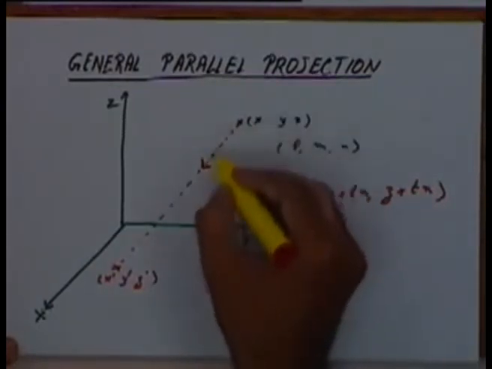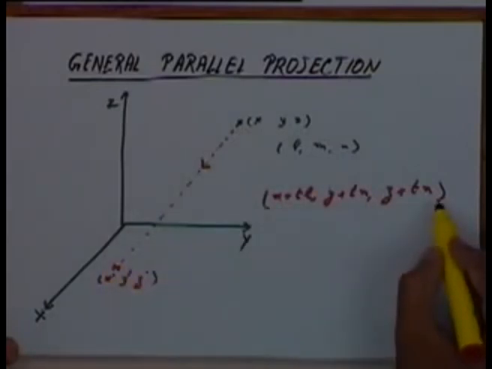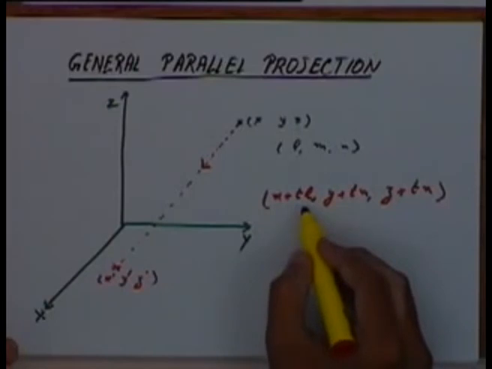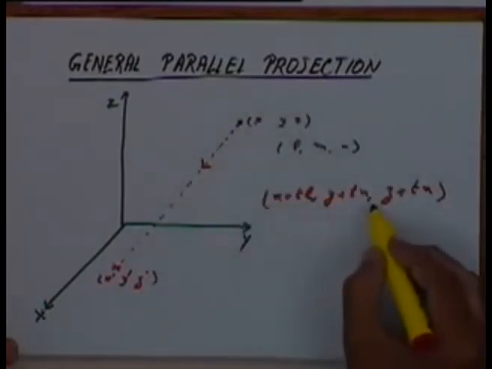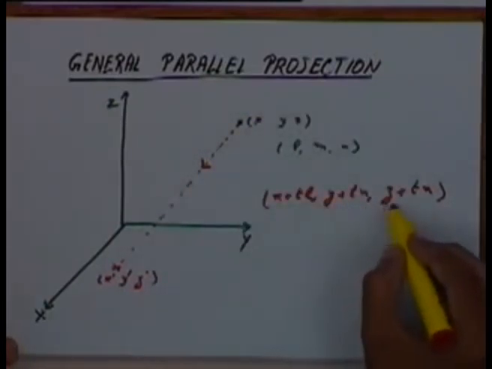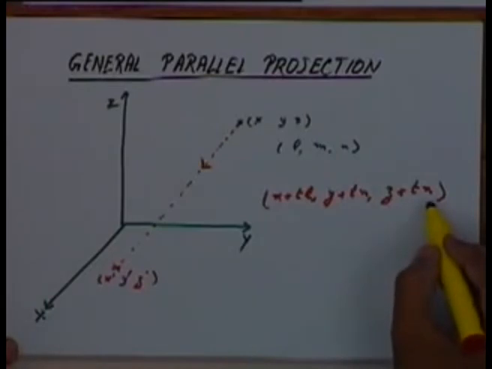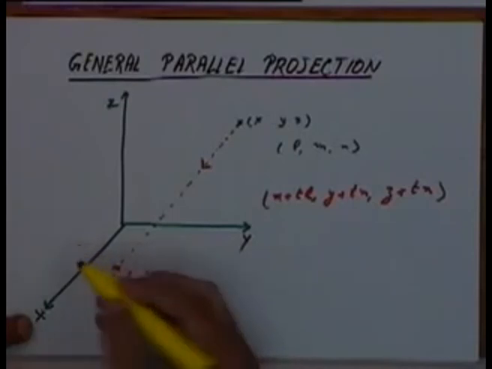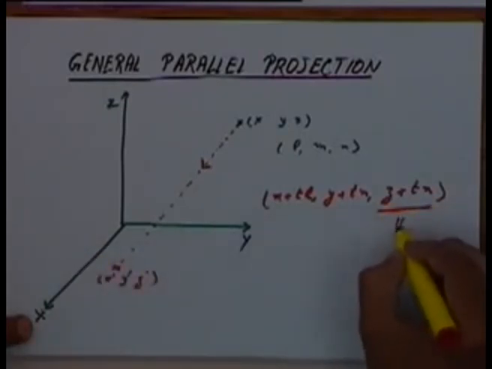The parametric equation of this line is simply this. Any point x will be given by x plus tL, the y coordinate of any point will be y plus t times m, the z coordinate will be z plus t times n. And for the intersection with the xy plane, we will just have to put that this has to be equal to 0.